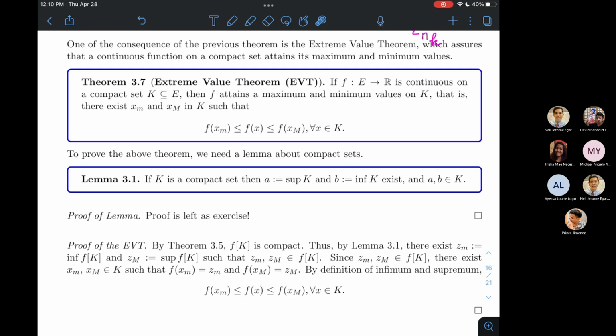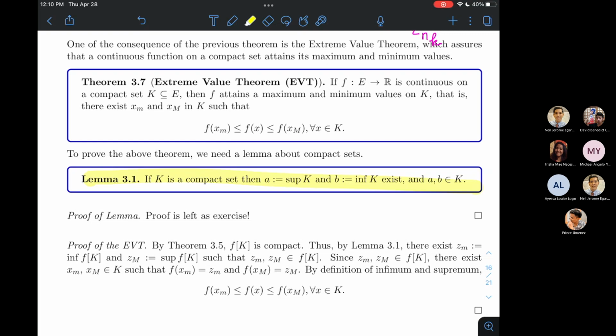All right? Now, it will be easier to prove this if we will accept the following lemma. I was thinking kanina to give you lemma 3.1 as part of your problem set, but pinag-iisipan ko pa. Ano ba yung sinasabi ng lemma 3.1?